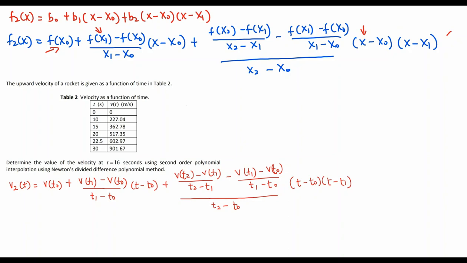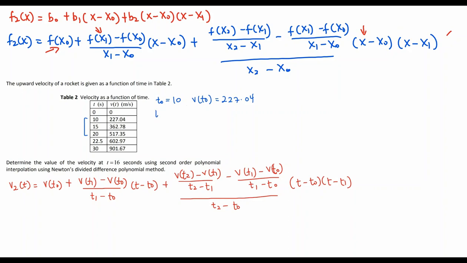So let's continue. You are going to choose 3 data points, and we will have to choose a range where you can have the 16 there, right? So I'll consider from 10 to 20. So I'm going to have t naught equal to 10, and v of t naught equal to 227.04.